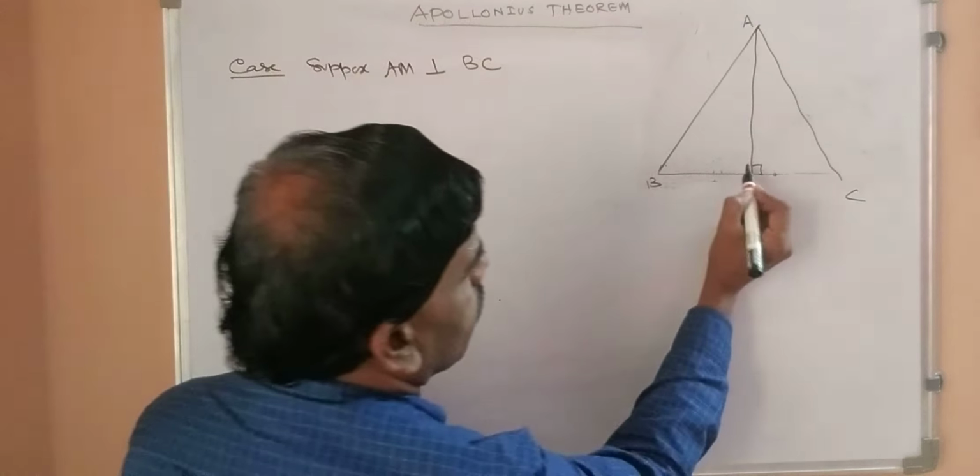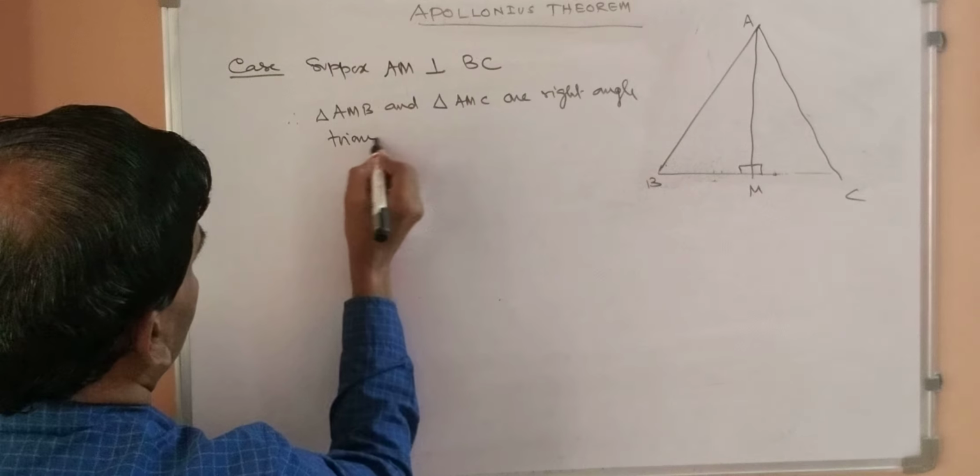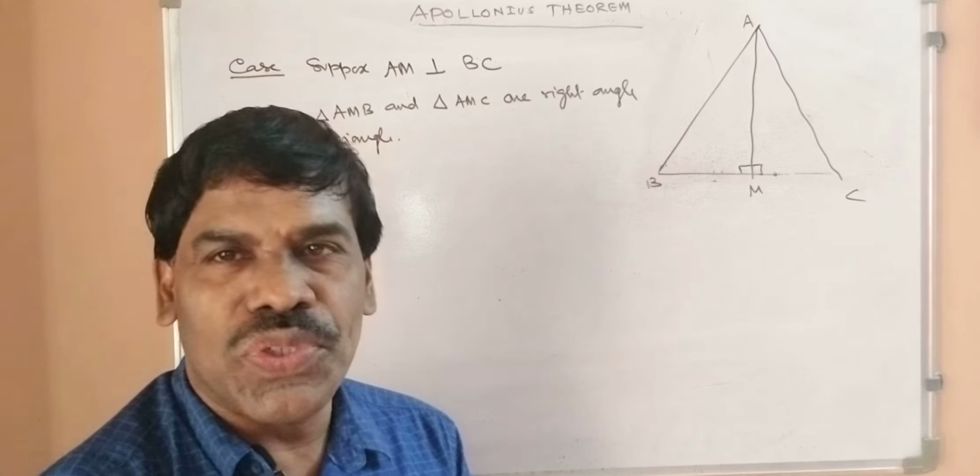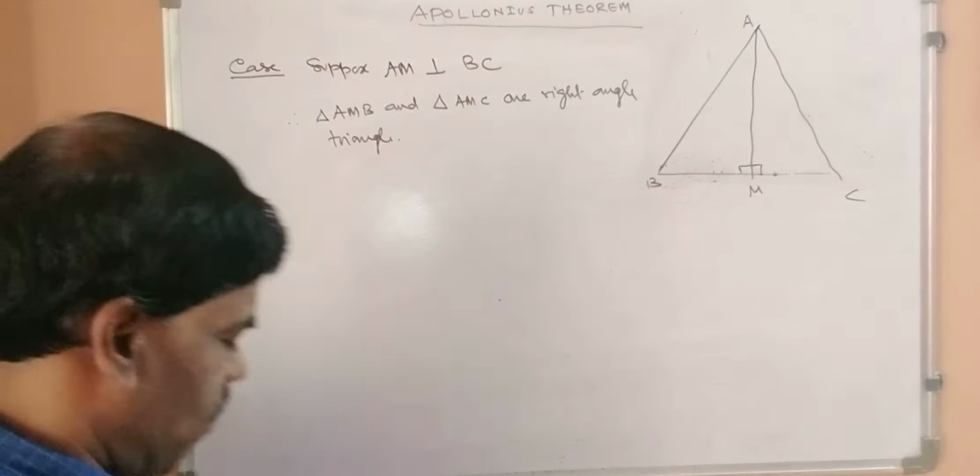Then see here, look at this, you have got two right angle triangles. What are they? AMB. Therefore, triangle AMB and triangle AMC are right triangles. So, right triangle means which property will we use? Pythagoras theorem.